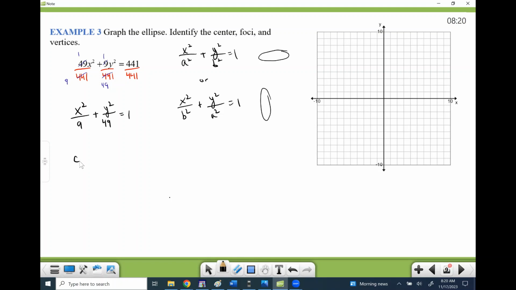The center is going to be 0, 0 because there's nothing following the x and nothing following the y. This time the bigger number, the a squared, is underneath the y, and the b squared is underneath the x.